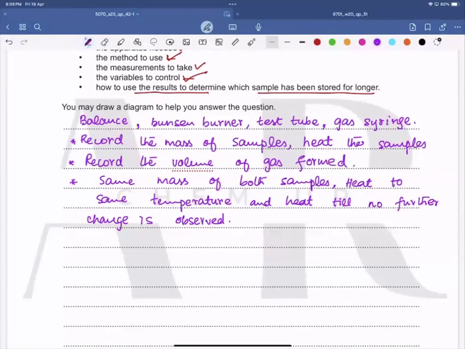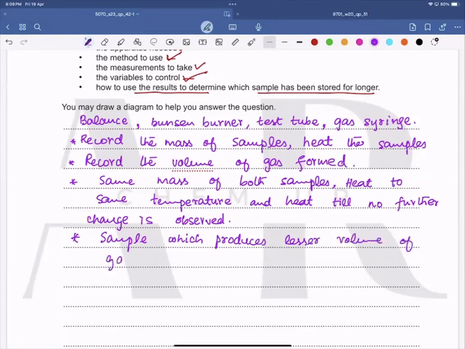So I can write: the sample which produces lesser volume of gas is the one kept for a longer time. Is this understandable to all of you?